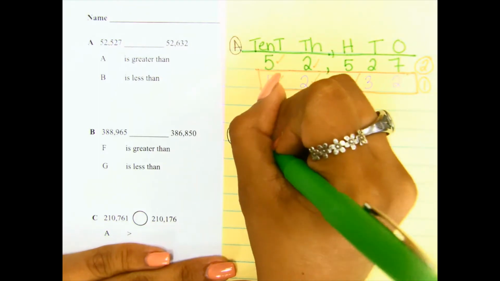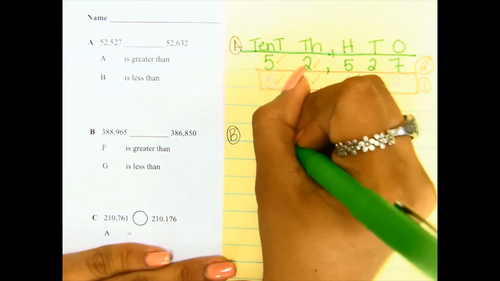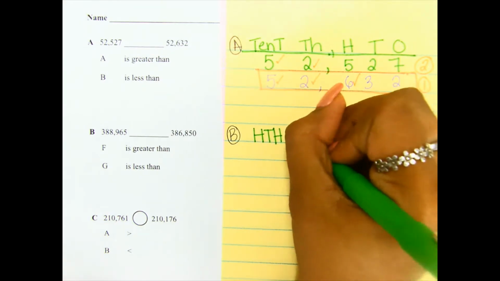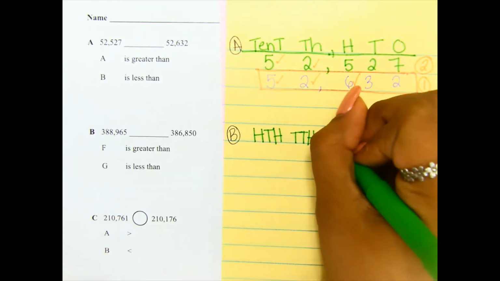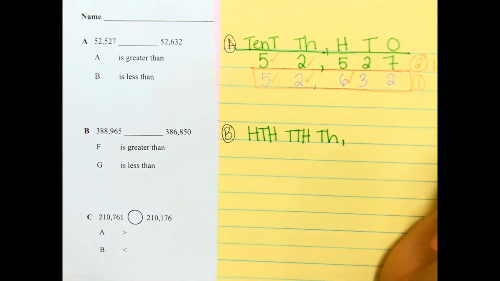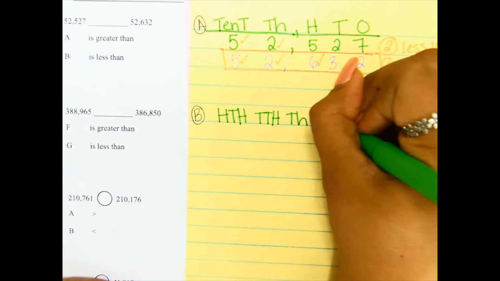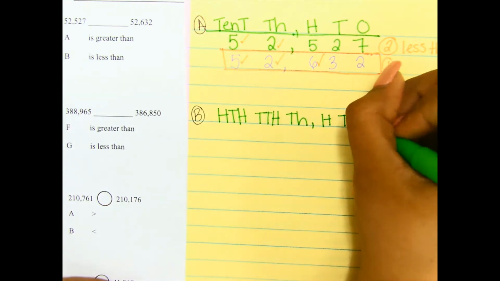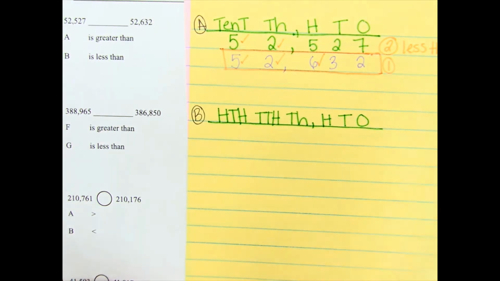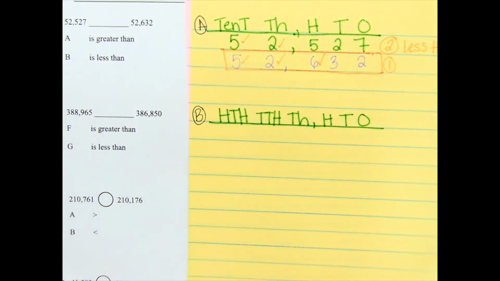This is my 100,000s, and then it's my 10,000s. Then it's my 1,000s, my comma. I then have my hundreds place, my tens place, and my ones. So I'm going to go ahead and underline all that.